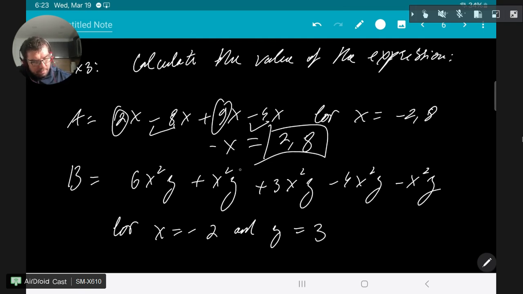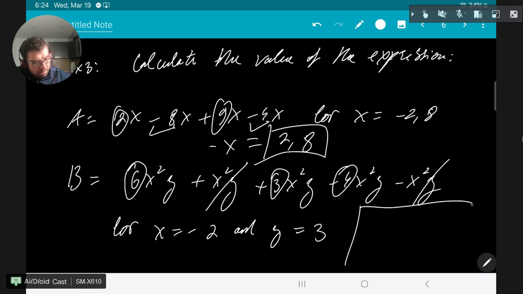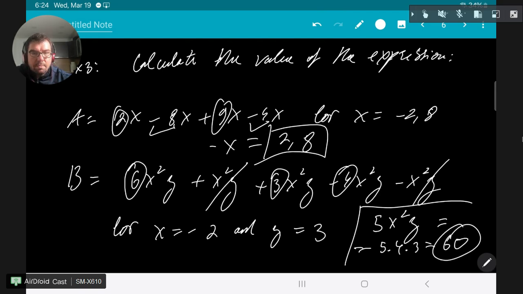Here I have x squared y minus x squared y, those cancel. 6 plus 3, 9, minus 4, this is going to be equal to 5 x squared y. I substitute the numbers, so I have 5 times minus 2 to the power of 2 is 4, so 5 times 4 times 3, which is 60, right? And that's my answer for this exercise here.